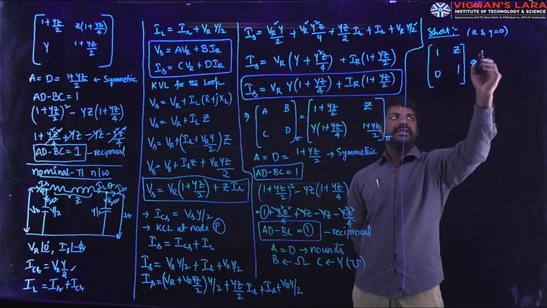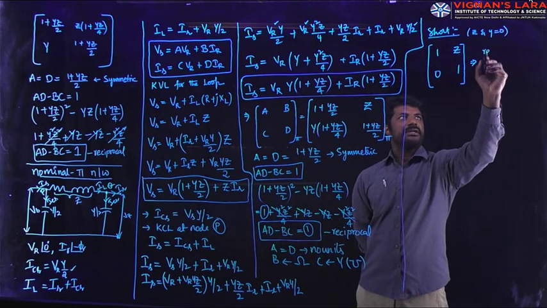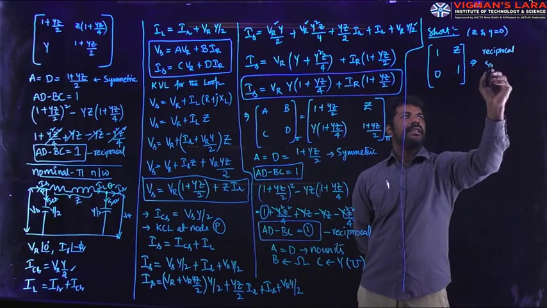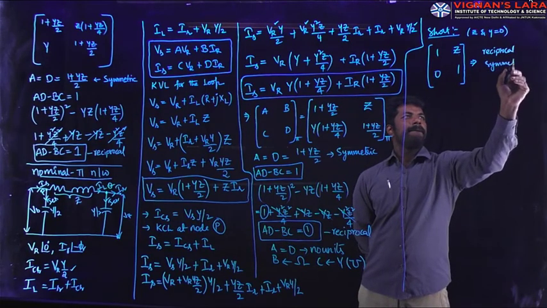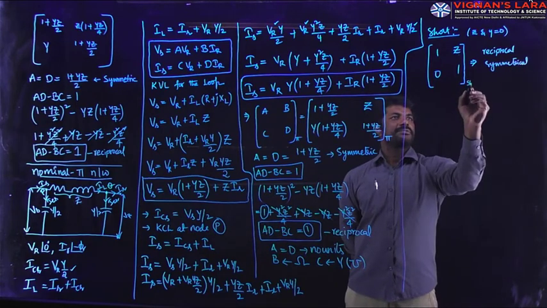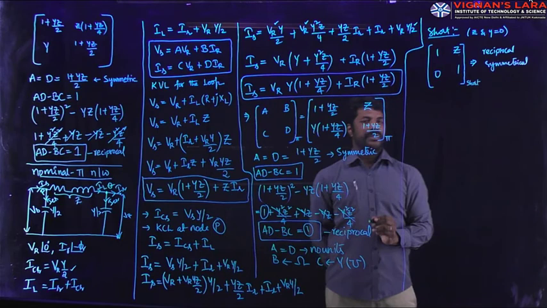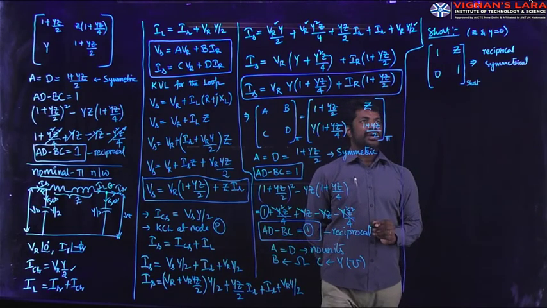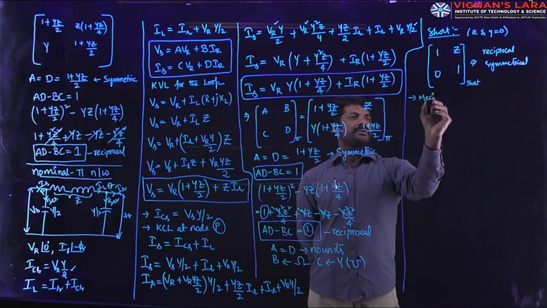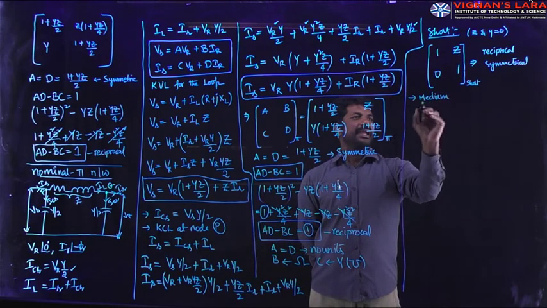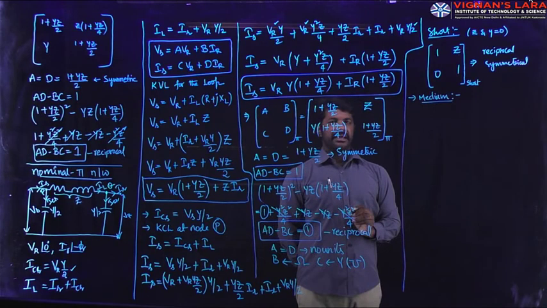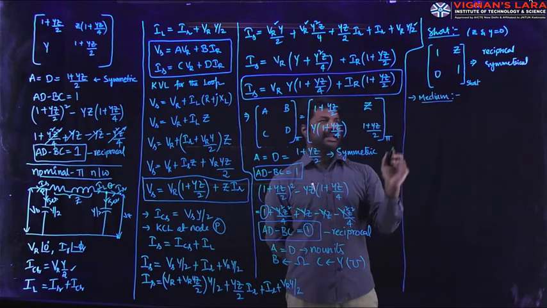And this network is a reciprocal network as well as symmetrical. This is about the short transmission line, the ABCD constants for a short transmission line. The next is the medium transmission lines. In the medium transmission lines, it varies from representation to representation. The first one is the end condenser method.